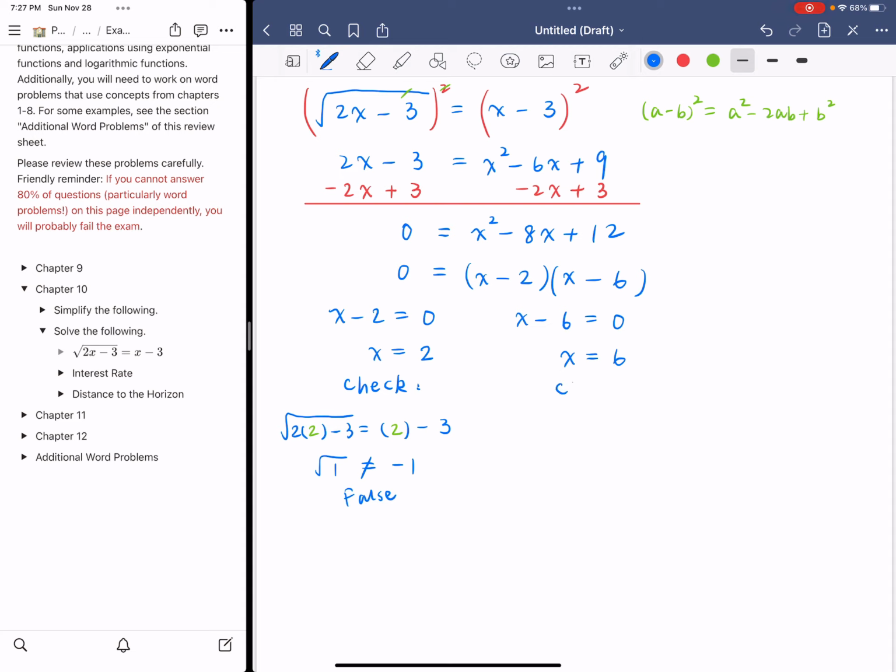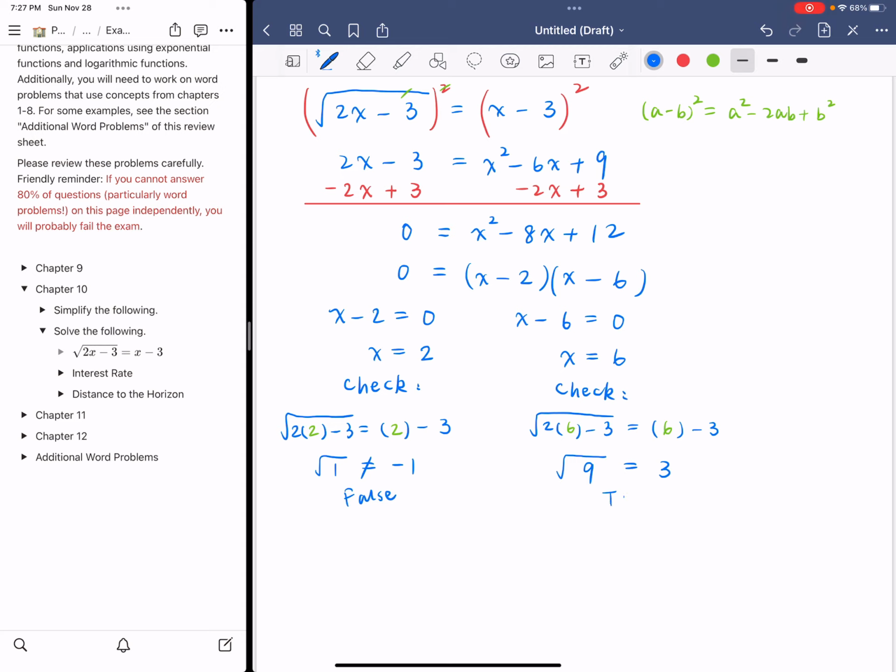Let's check the second one. So I'm going to do the same thing. 2 grouping symbol minus 3, grouping symbol minus 3. And then inside the grouping symbol, plug in the potential solution 6. And let's check. On the left-hand side, inside it is 12 minus 3, which is 9. On the right-hand side, it's 3. Is that right?